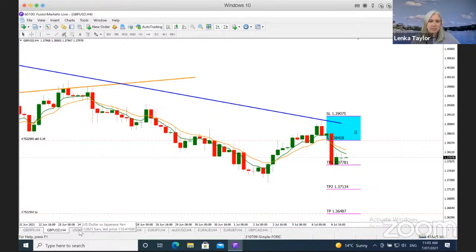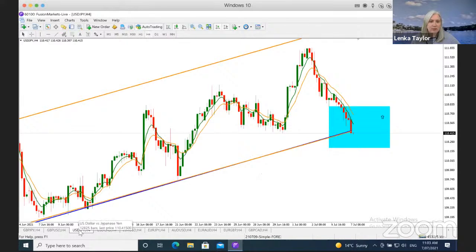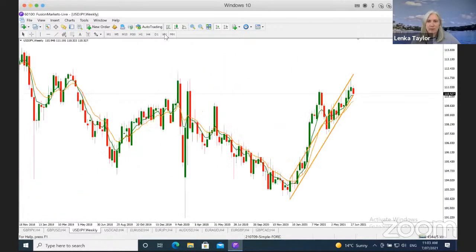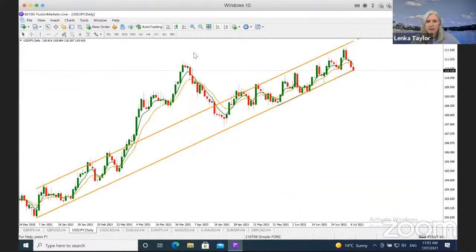So just holding on in that trade now. The next currency pair I'm going to have a look at is USDJPY. USDJPY has been going up. We've had already good trades on the long there. So now there is that sort of point of decision. Is it going to turn around and go back up and carry on with the channel, or is it going to break out?